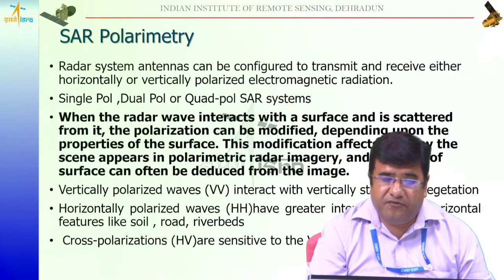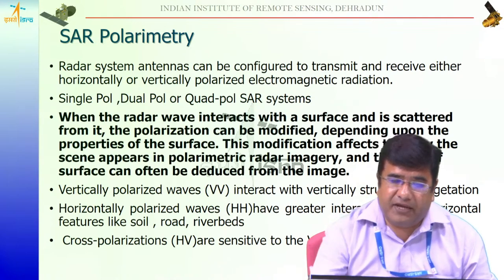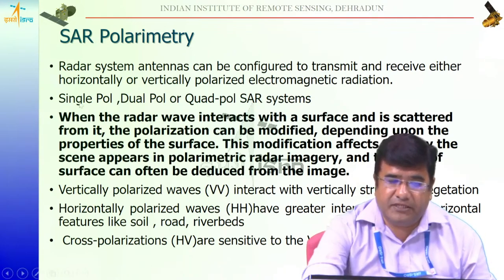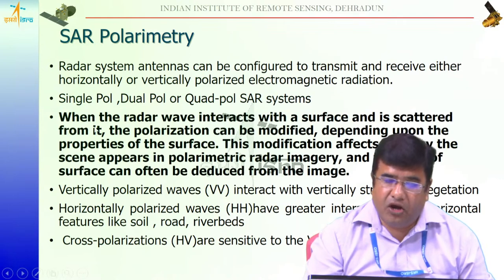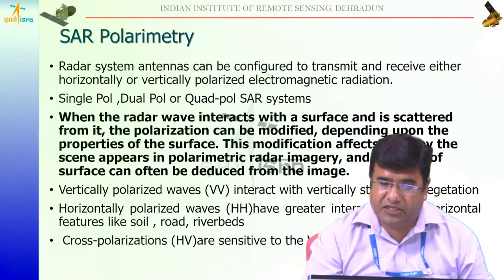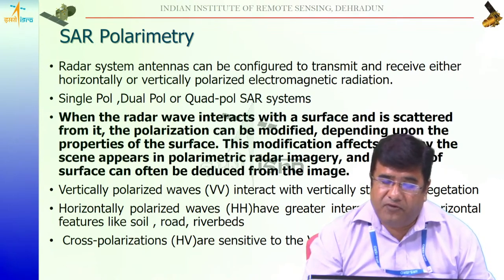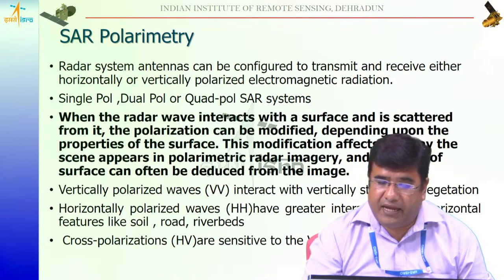Okay, so what are the systems we can make? We can make a single pole system, a dual pole system, and a quad pole system. Single pole means we can make either HH or VV, VH or HV. In the dual pole we have 2 images, either HH plus HV or VV plus VH.